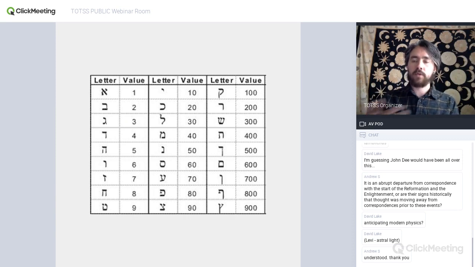Sometimes I think we maybe put the Tree of Life more at the center of this than historically or even practically it needs to be.